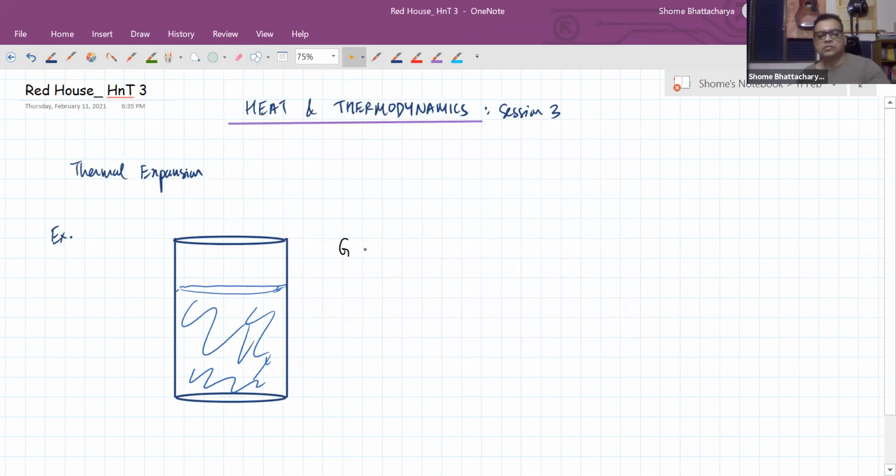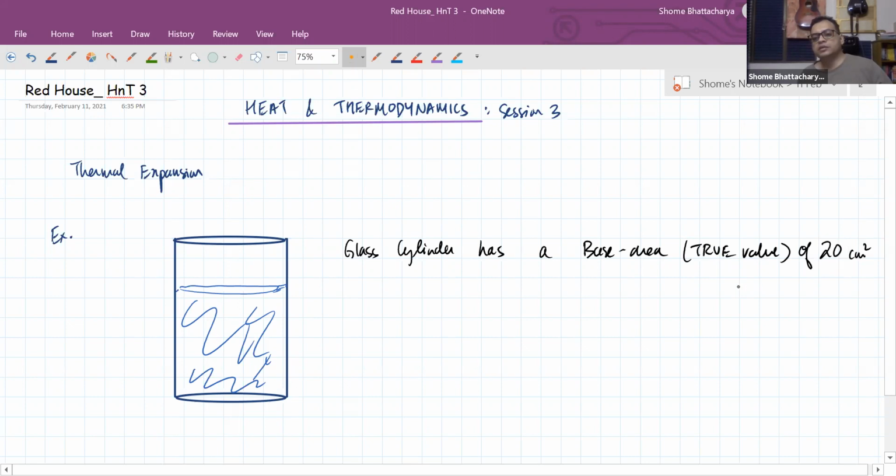This glass cylinder has a base area of a true value of 20 centimeters square at a temperature of 15 degrees C.